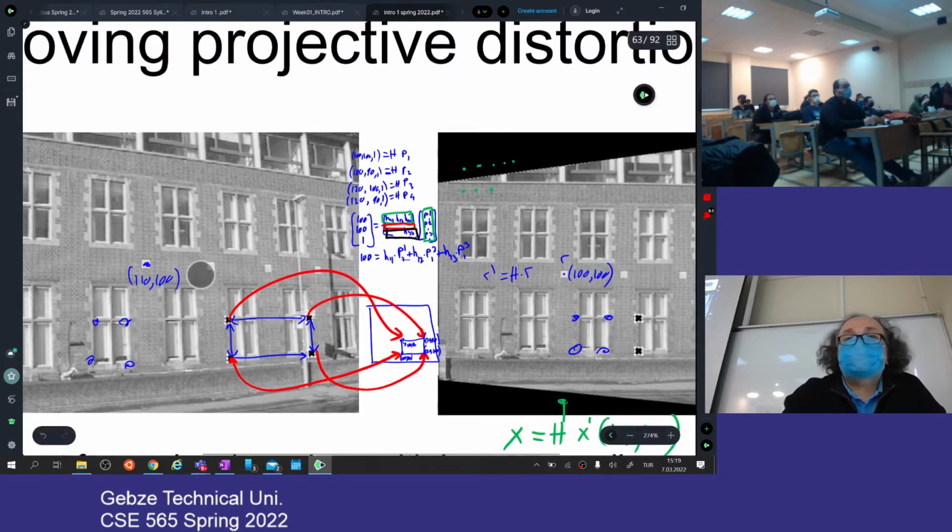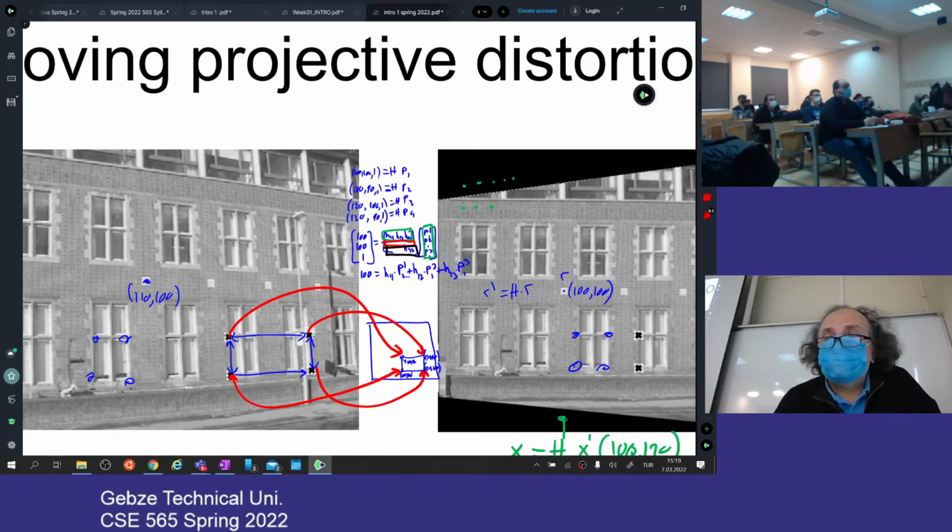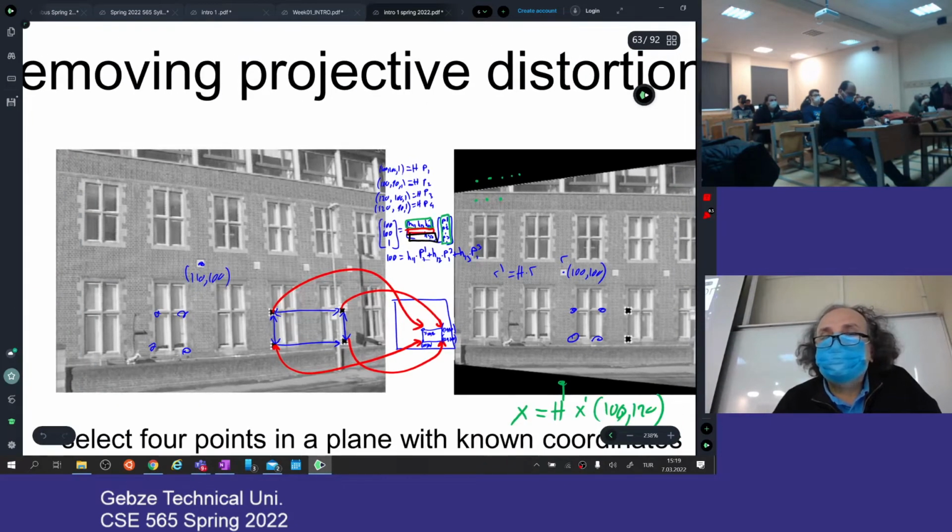Because let's look at this one. I know that this point here, let me use the red color, corresponds to this point here, right? How about this point?